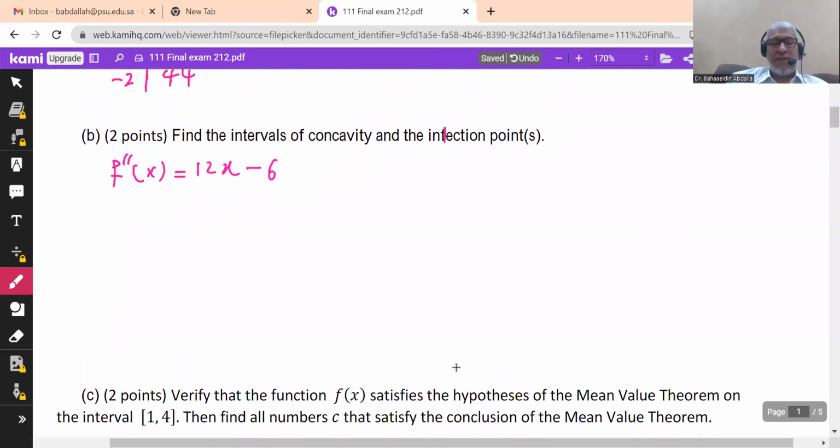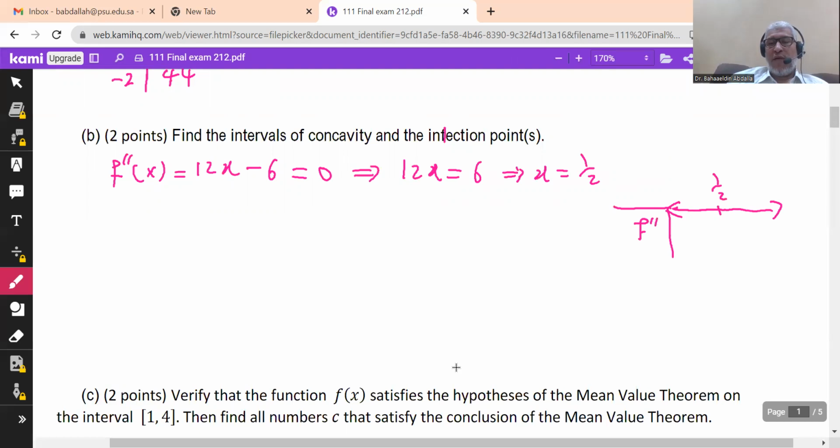Now we need to find the zeros of the second derivative, so we put it equal to 0 and we solve. 12x would be equal to 6, then x would be 6 over 12, or half. So this is the number that makes f double prime 0. And we need now to check the signs of f double prime.